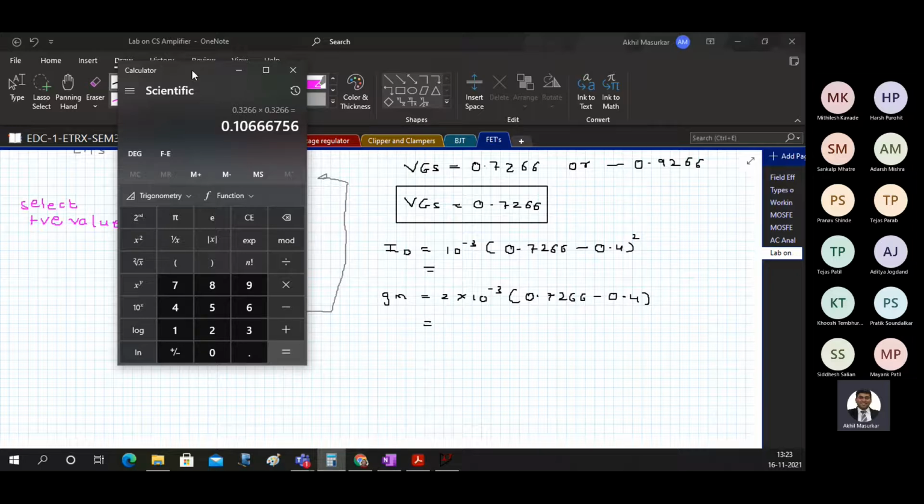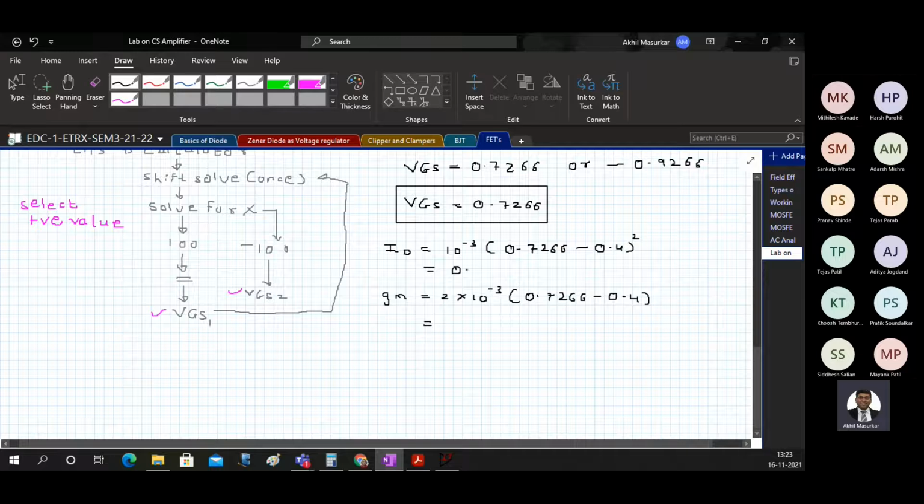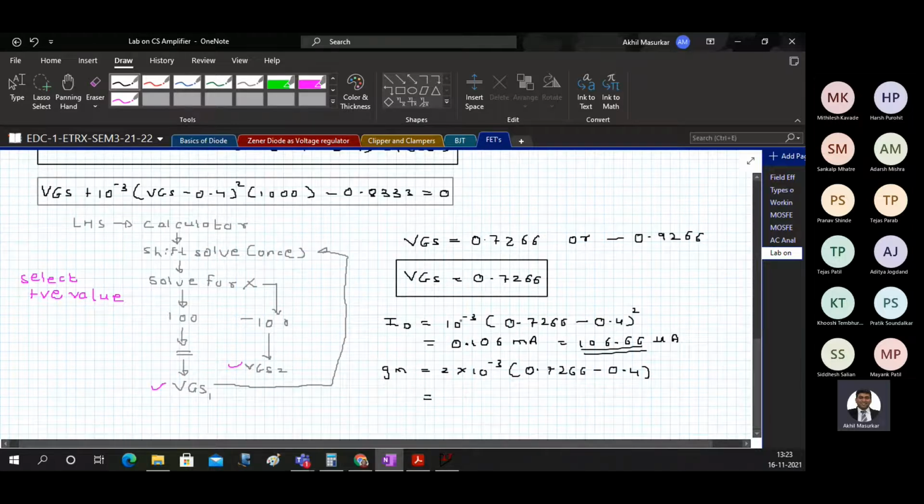So this is going to be 106 milliamperes, and this is going to be 106.66 microamperes. Yeah, because see, this is in milliamperes per volt square, so whatever value you get is in milliamperes.